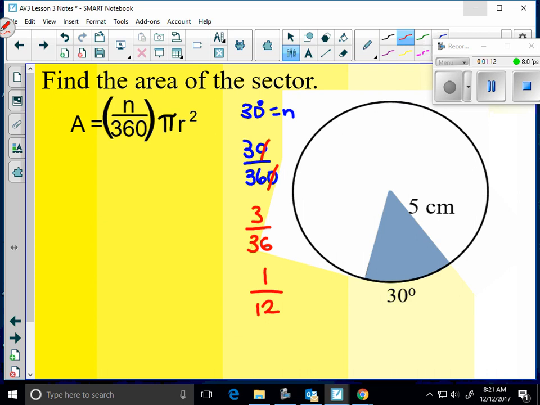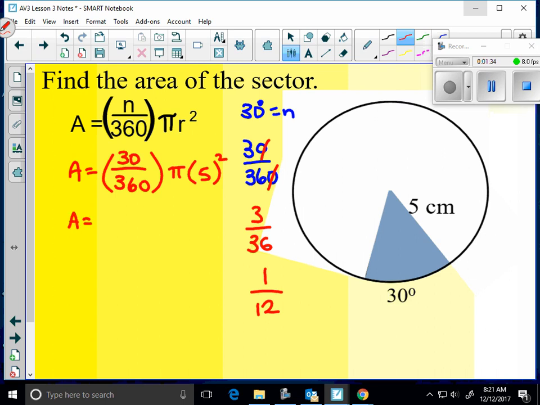Now, you have a calculator available to you, but I do want some of these answers in exact form. So the area I could write as 30 over 360 of the area of the circle, pi times radius squared. Now sometimes these aren't going to come out to be nice whole numbers. In this case, they won't.